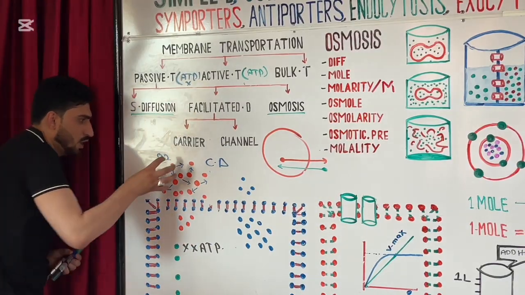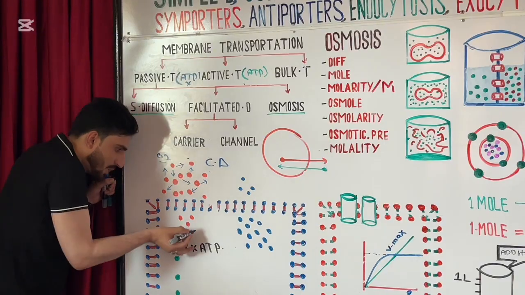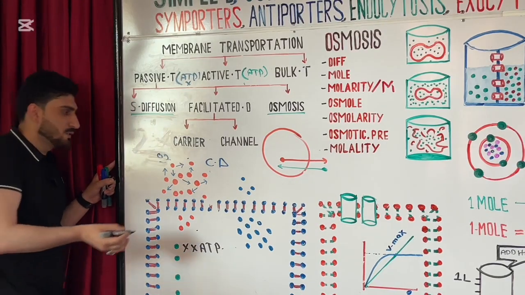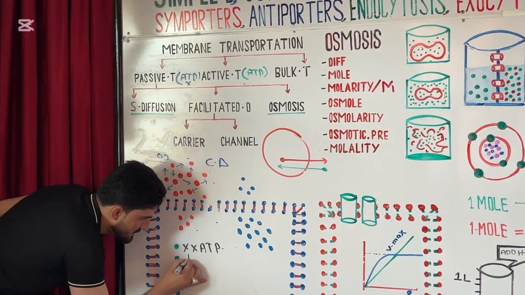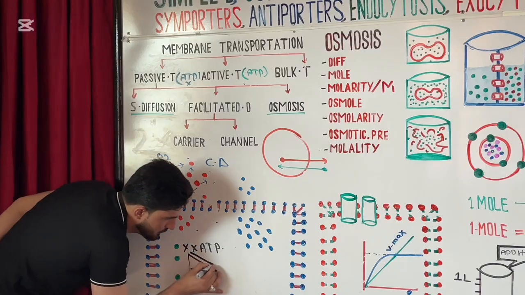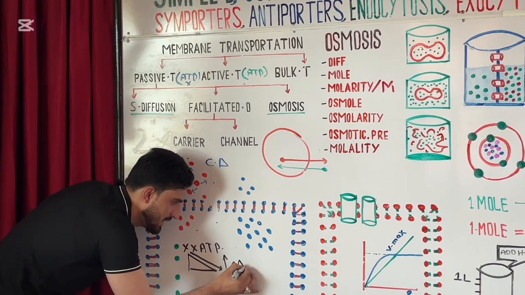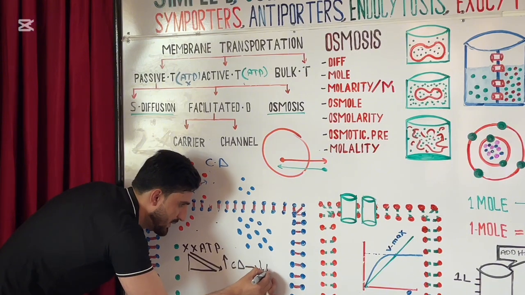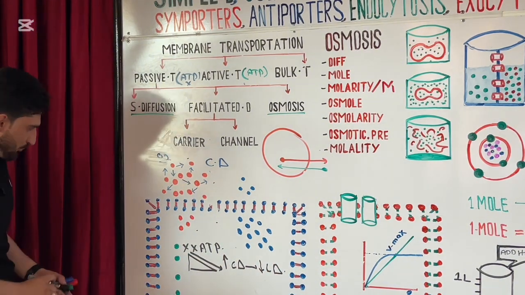So here oxygen molecules move from high concentration gradient to low concentration gradient, which means from the outside of the cell to the inside of the cell. So another point is that in simple diffusion, molecules move from high concentration gradient to low concentration gradient. This is very important.